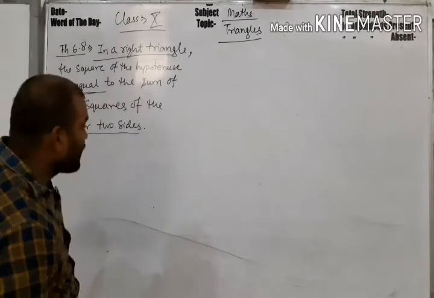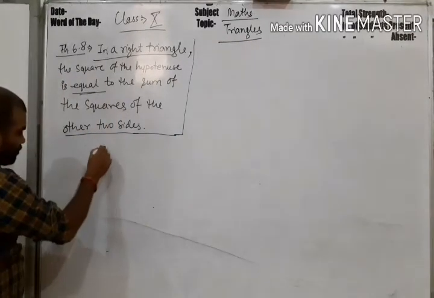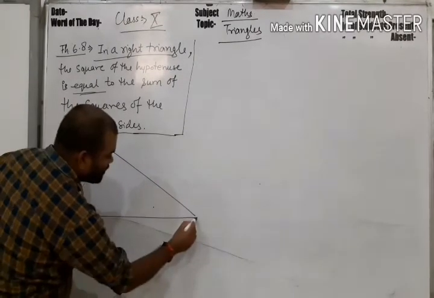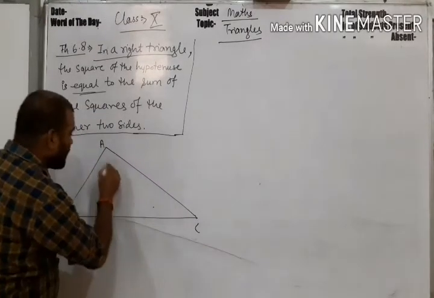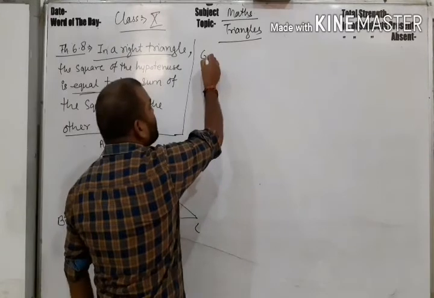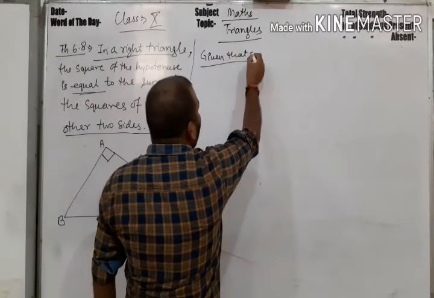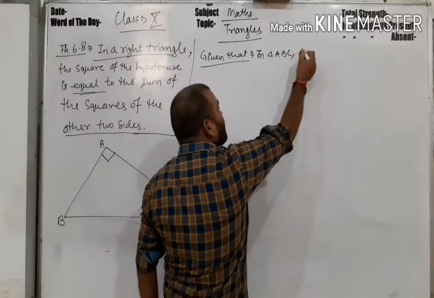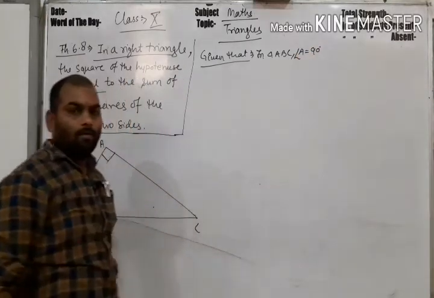First we will draw the figure. Suppose we are drawing like this. This is the right angle triangle ABC, right angle at angle A. The first point we write is given that in triangle ABC, angle A is equal to 90 degrees.